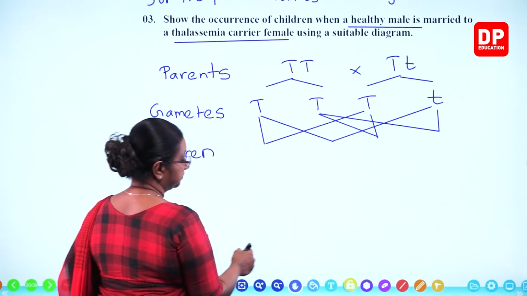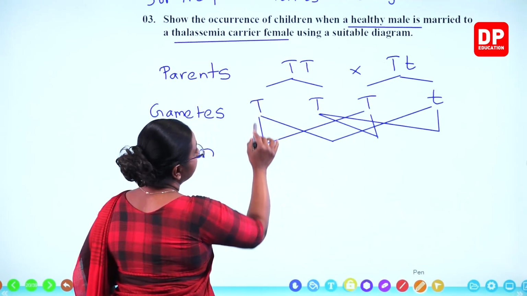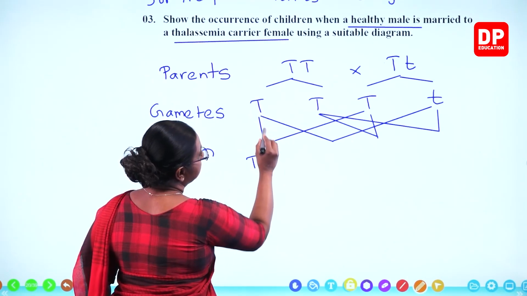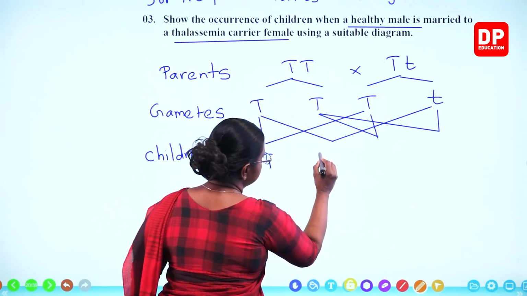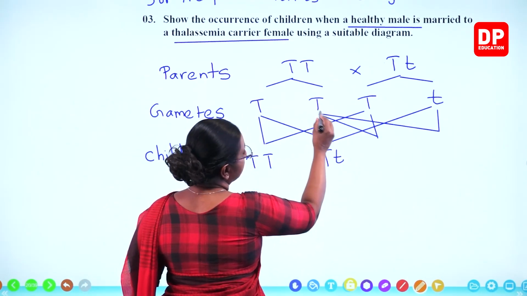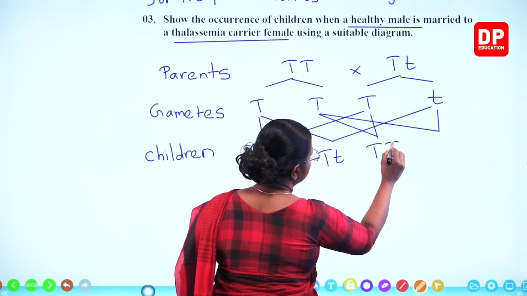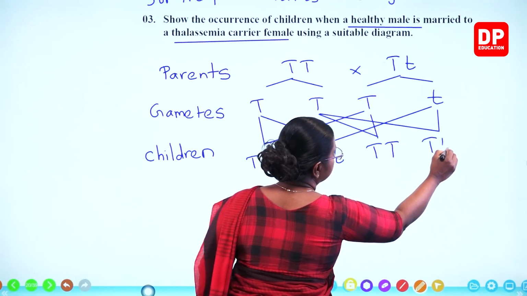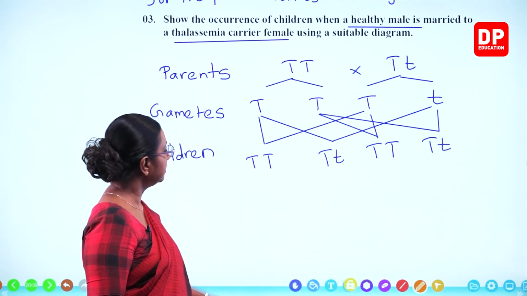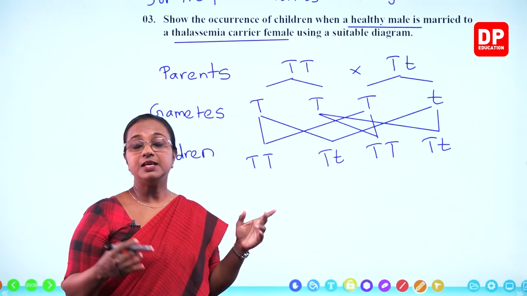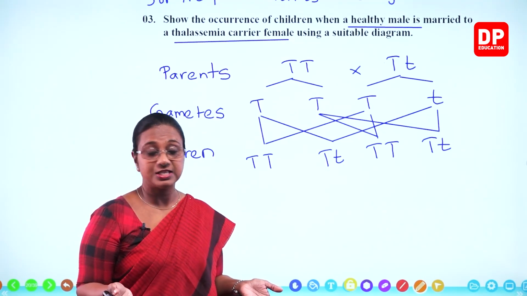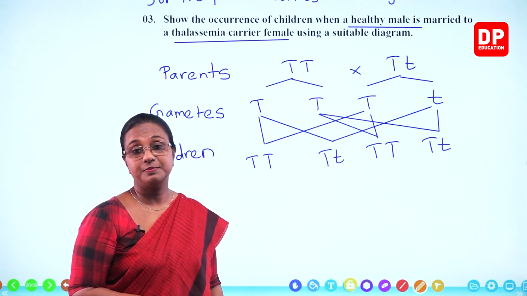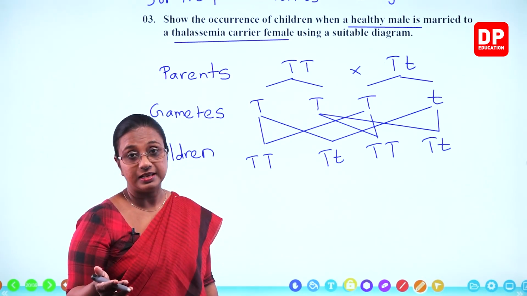So here, capital T, capital T. Capital T, simple T. Then you have capital T, capital T, and capital T, simple T. Now here, capital T, capital T is going to be a healthy child. The capital T, simple T combination, the heterozygous combination, is going to be a carrier.